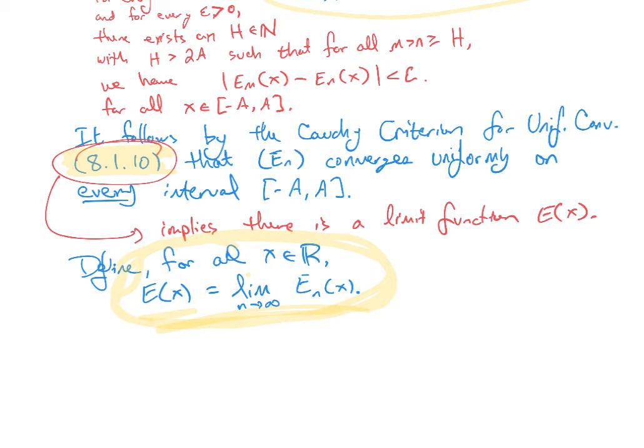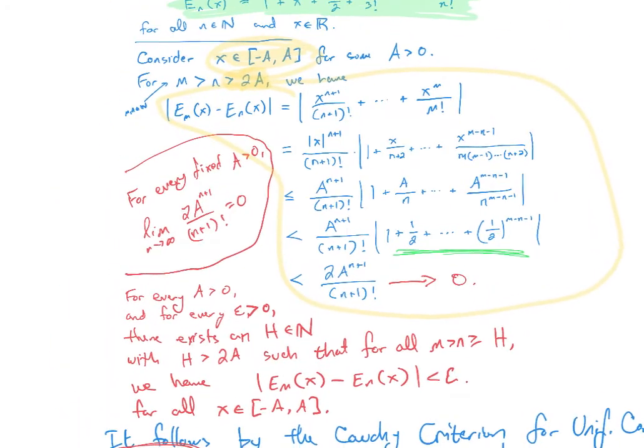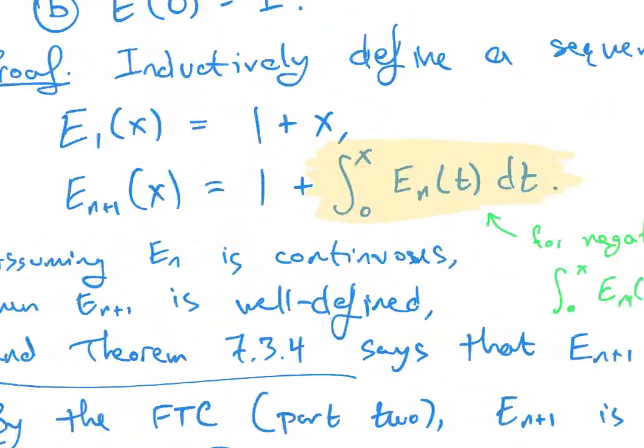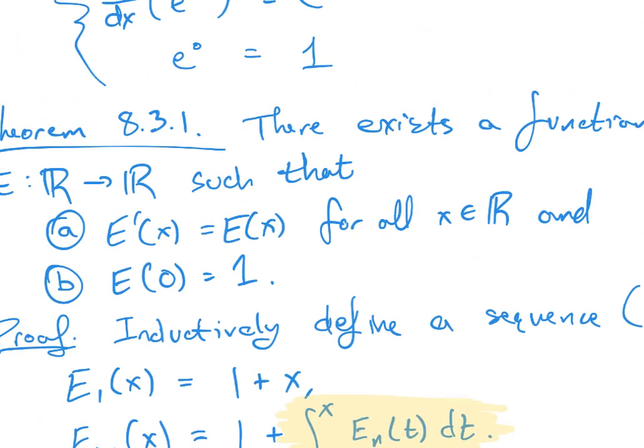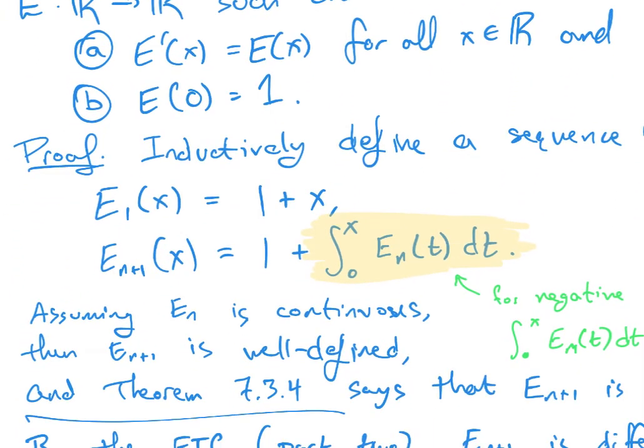Now, what were we trying to prove? There are two properties. We want the derivative to be itself, and we want the function to be 1 at 0. If we look at our definition of the e sub n's, these are all clearly 1 at 0.